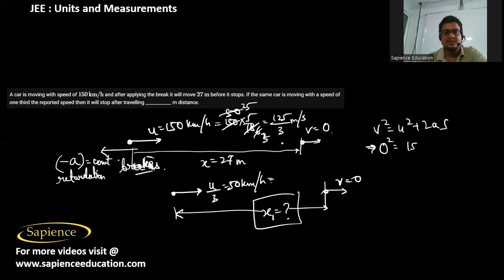And this one will be this divided by 3 again. So 50 into 5 by 18, so this is 125 by 9 meter per second.